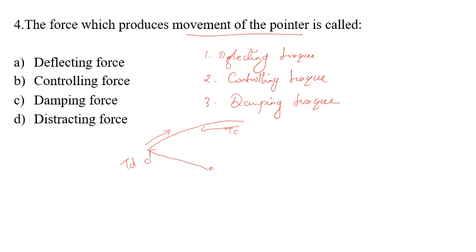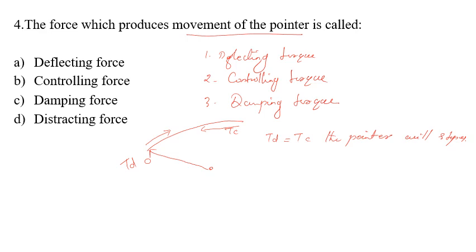So Td and Tc always oppose each other. When Td equals Tc, the pointer stops. That is the condition to stop the pointer: deflecting torque and controlling torque become equal.